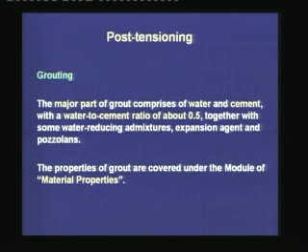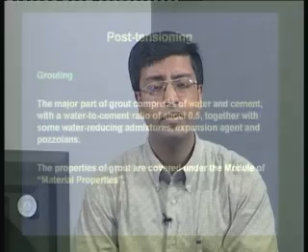Now, the properties of grout will be covered in the module on material properties, and there we shall see that the code IS 1343 provides some specifications for the grout, so that the grout provides an anti-corrosive environment for the tendons, and it also should not shrink too much, because if it shrinks, then again the bond between the concrete and the steel will be disrupted.